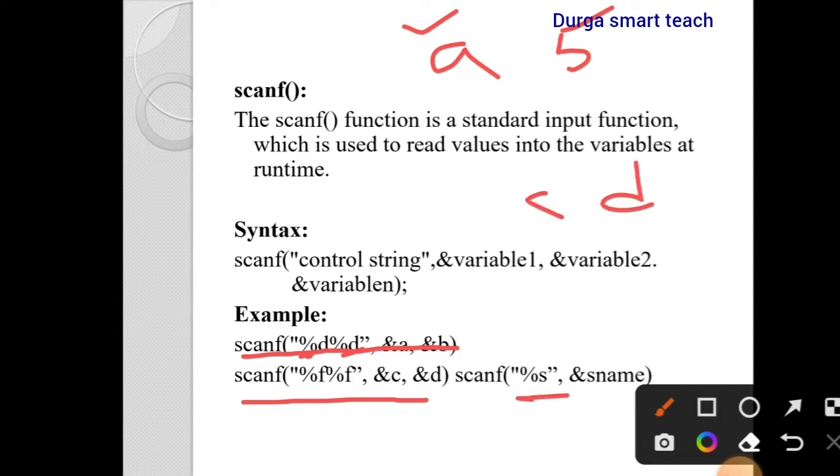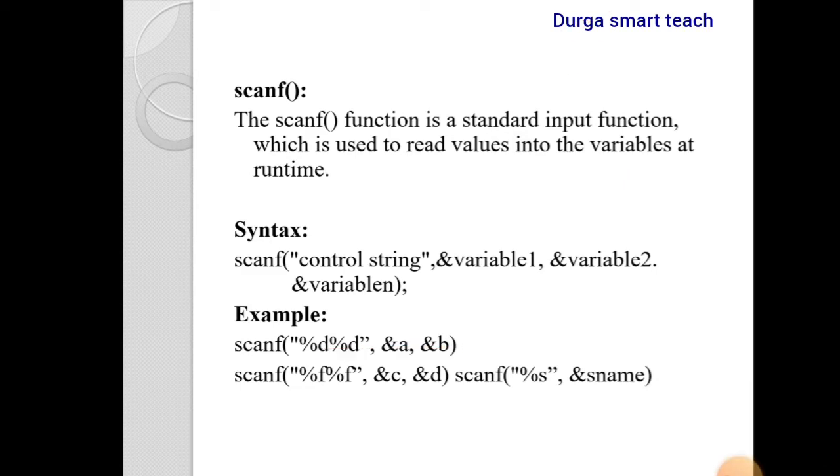Next, %s means a string format. Here sname is one variable, used to store only string data. In this way we can read the data from the user. So this is the input statement. Scanf is a formatted input statement.